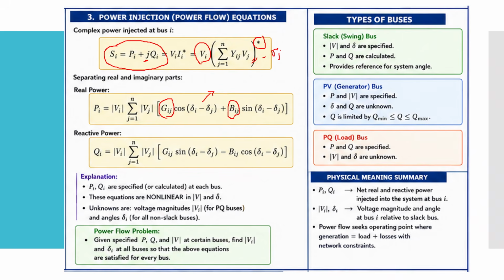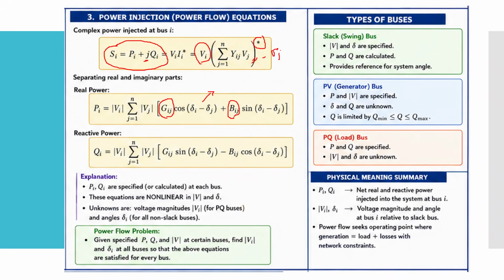For the conductance part, we have a real part, so the cos part will be the real part. But for the imaginary part of the admittance, we have the imaginary part of the voltage, so that's why it becomes sin of theta i minus theta j.